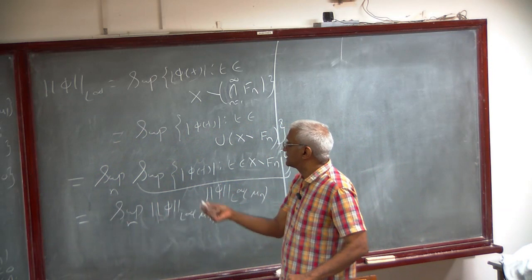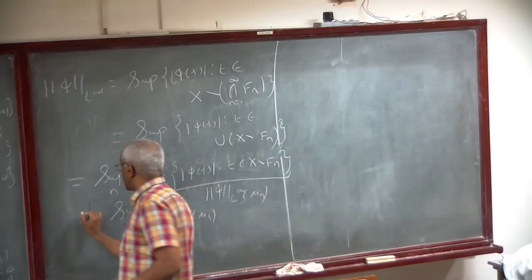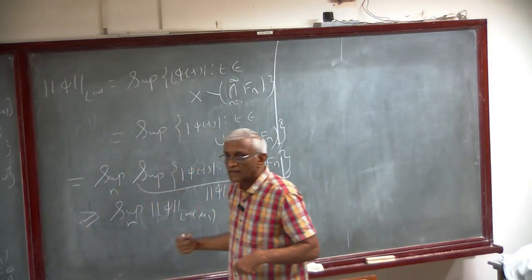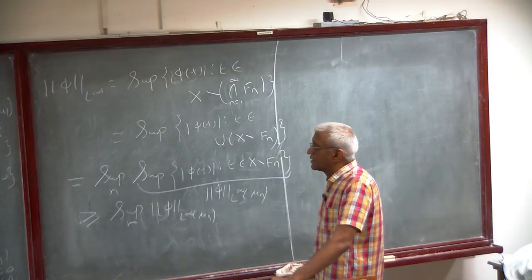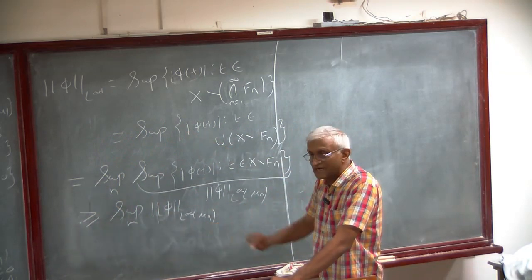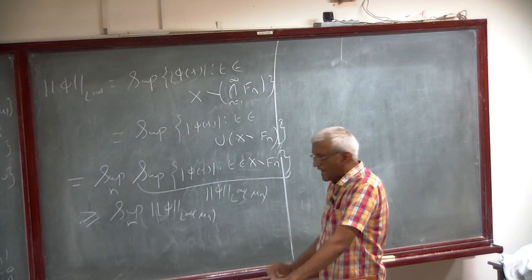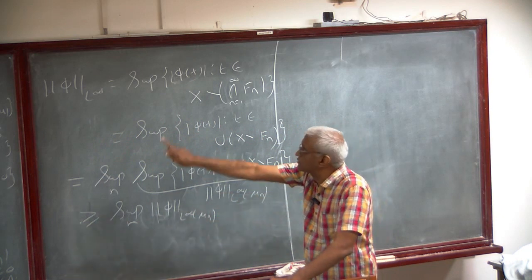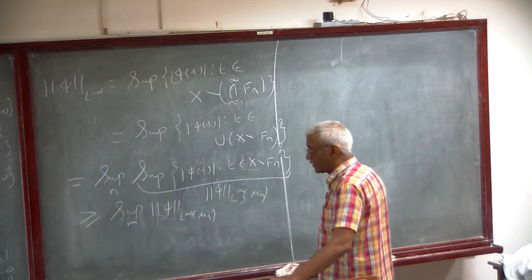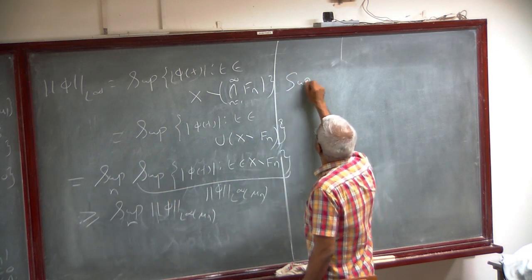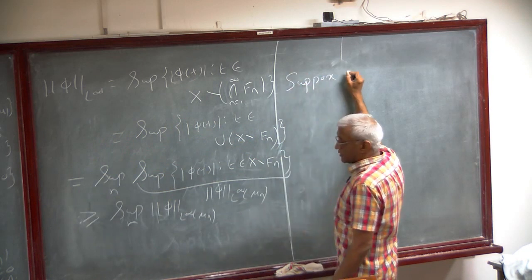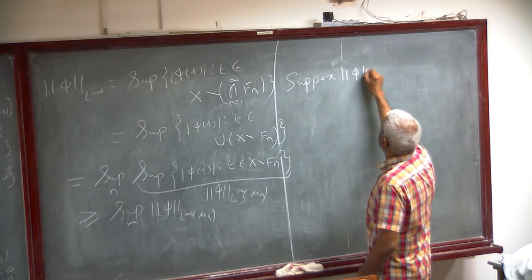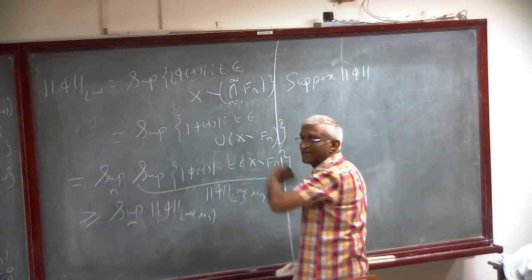I can only see that this is greater than or equal to that. So we have the L infinity norm of phi is greater than this. I think we have to prove this is actually equal to that by the following. Suppose the supremum is strictly less than that.